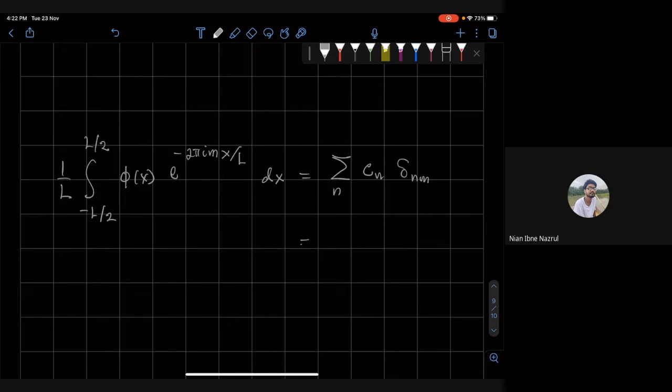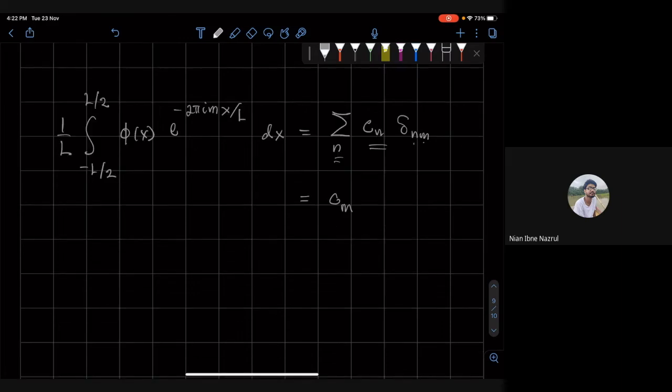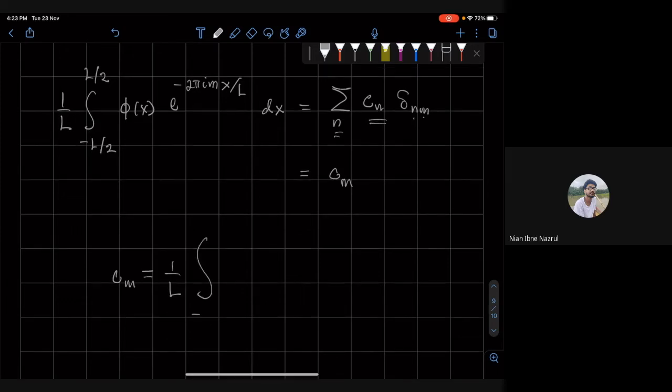But because of the property of the Kronecker delta, if I do this sum, all the terms will be 0 except the term where m is equal to n. So the only term that will survive is the term where n is equal to m. So I will have on the right-hand side c of m. And as a result, I have figured out the Fourier coefficient for my whatever periodic function. It's given by this expression, okay?